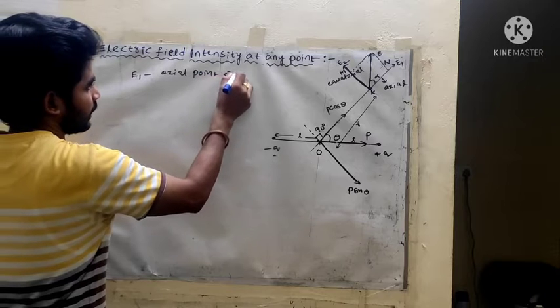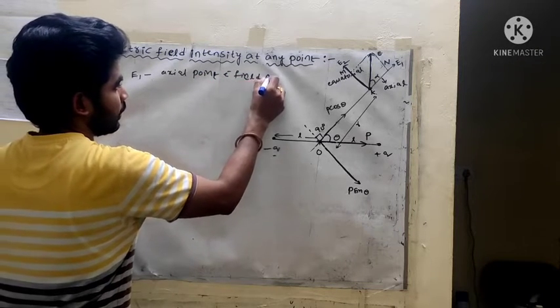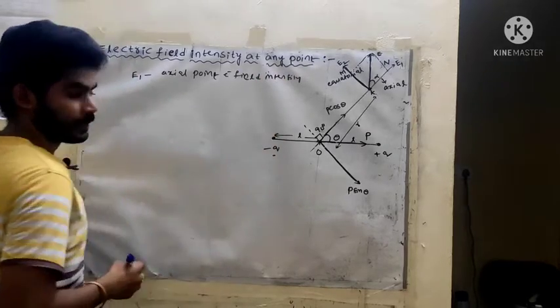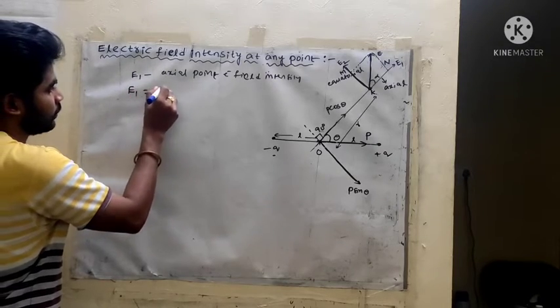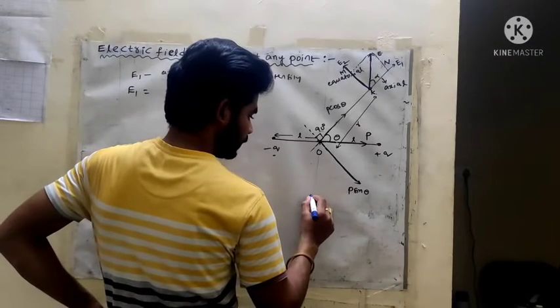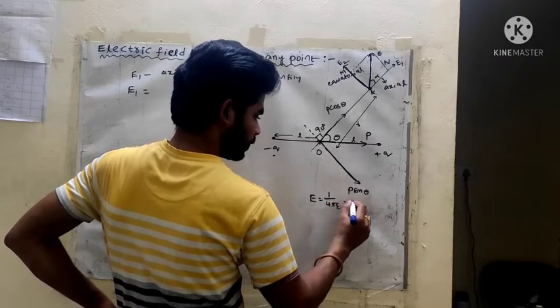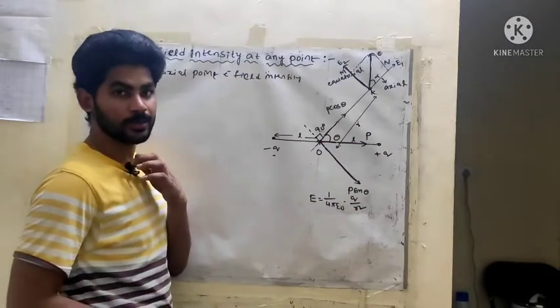So what is the electric field intensity? E1 is equal to, simply, the electric field intensity formula: E is equal to 1 by 4 pi epsilon naught into q by r square. Distance is r only.